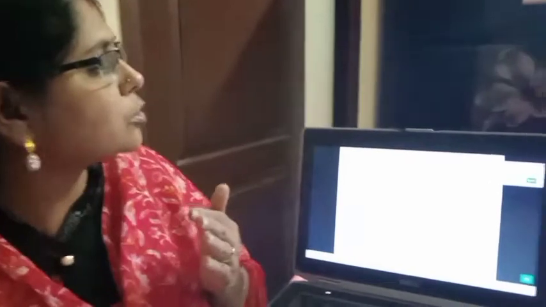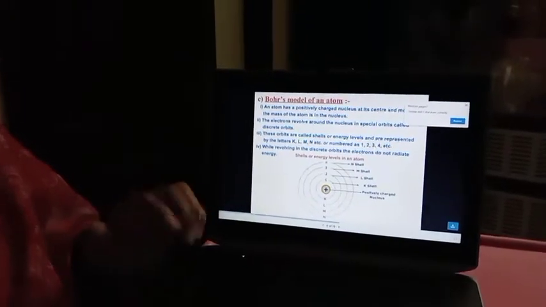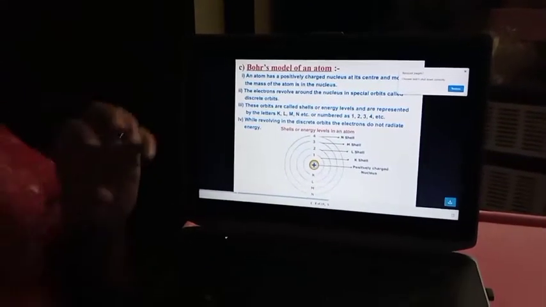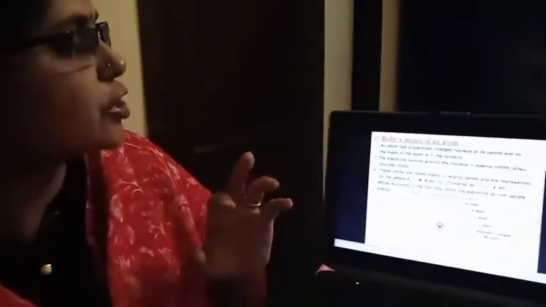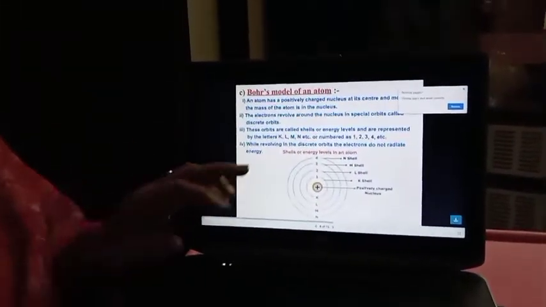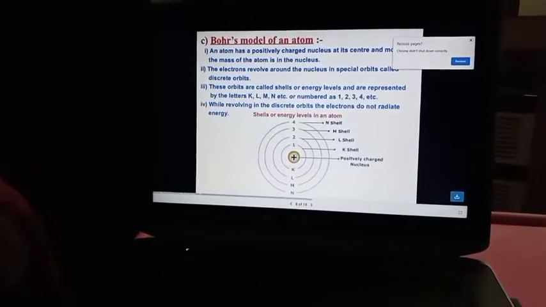An atom has a positively charged nucleus at the center, and the electrons revolve around the nucleus in special orbits called discrete orbits. These orbits are called shells or energy levels, and are represented by the letters K, L, M and N, or by numbers like 1, 2, 3, 4.